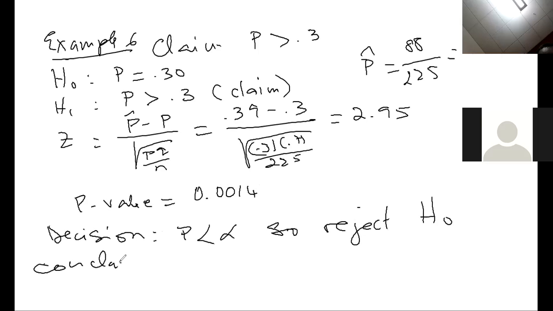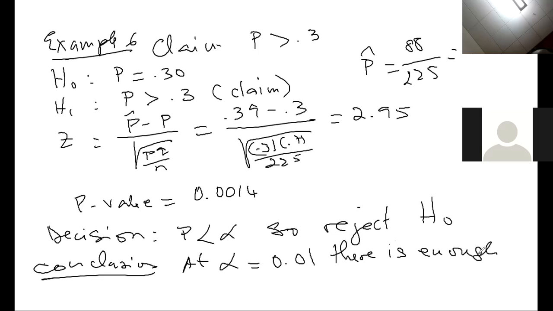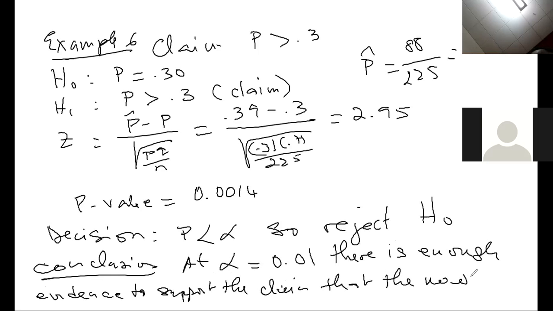And the conclusion will be: at alpha equals 0.01, there is enough evidence to support the claim that the new method is better than the old one. This is what it is about test for proportion.